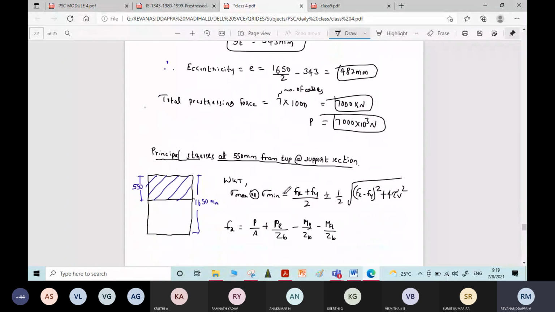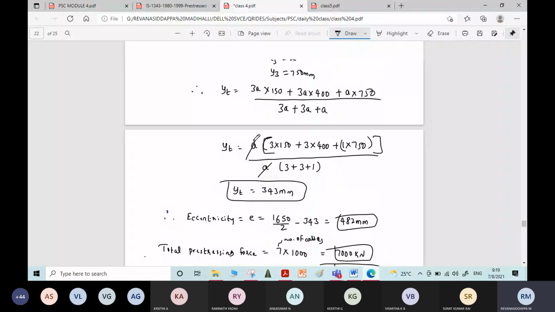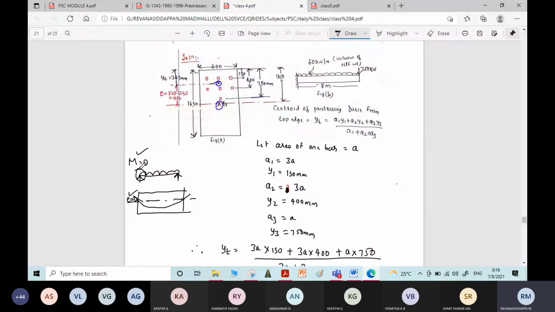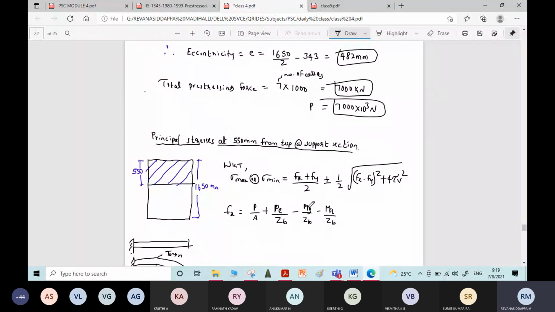Have you understood, students? Here the type of beam given is a cantilever beam. For a cantilever beam, at the supports moment also exists and eccentricity also exists. Therefore, the formula for Fx will be this much. If moment and eccentricity are 0, all these three terms become 0, and we only get P by A. That we practiced in solving previous problems.